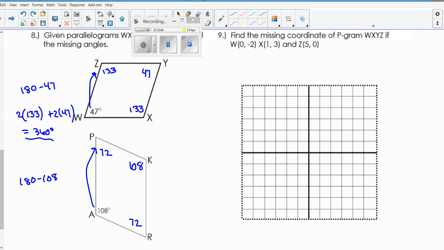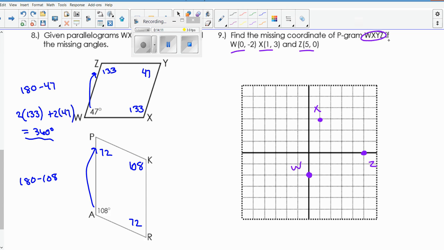Find the missing coordinates of parallelogram WXYZ. So there's 4 points. This is a parallelogram. We are only given 3 of them. We need to find the 4th. So plot your points. Label your points. So we know that this is W, this is X, and this is Z. So remember, everything must go in order.